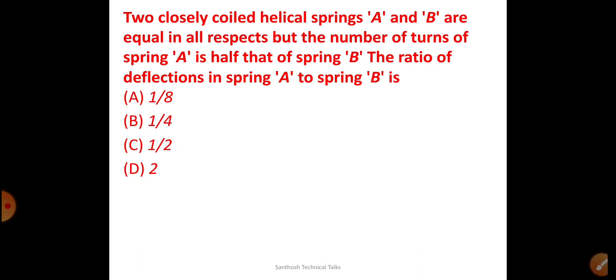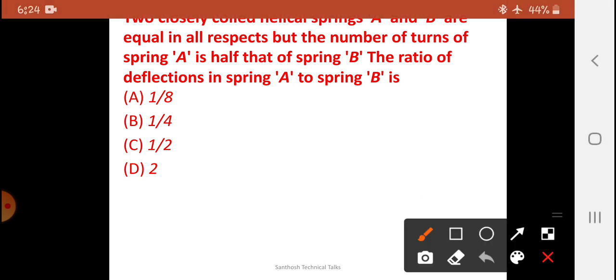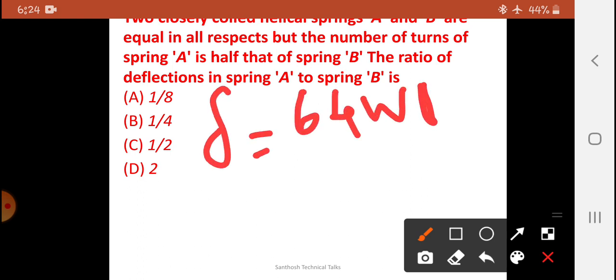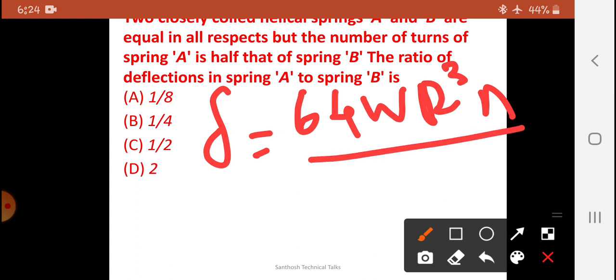Two closed coil helical springs A and B are equal in all respects, but the number of turns in spring A is half that of spring B. The ratio of deflection of spring A to B is? Okay, the deflection delta is equal to 64 W R cube N divided by C d power 4.